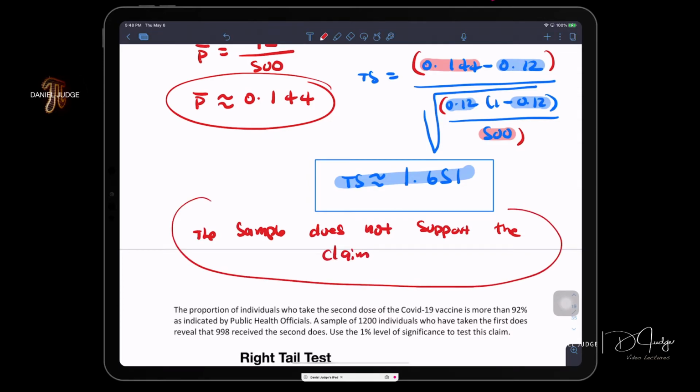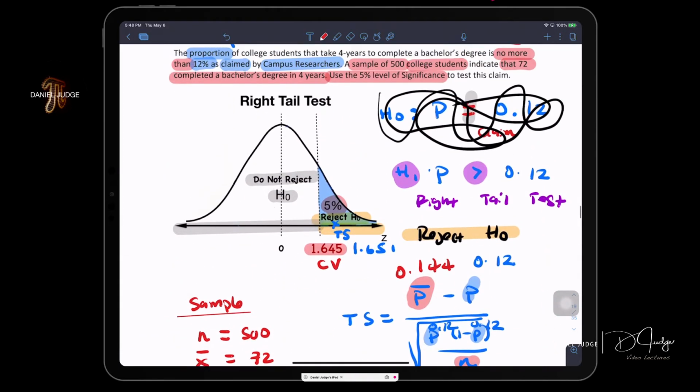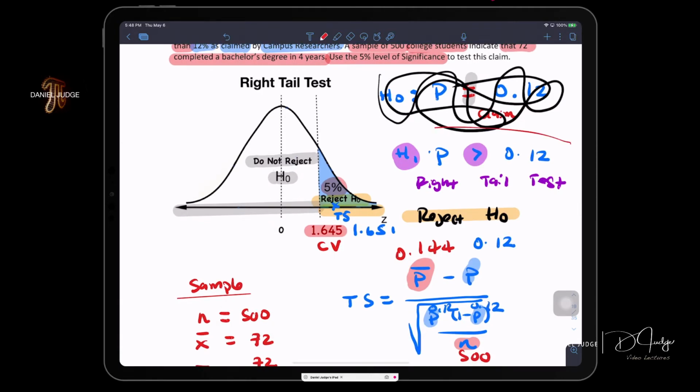So I'm going to ask for the conclusion. This is what I want. I want either the sample supports the claim or the sample does not support the claim. So this is what it means. Since you threw out the claim, the sample suggests that the proportion is greater than 12%.